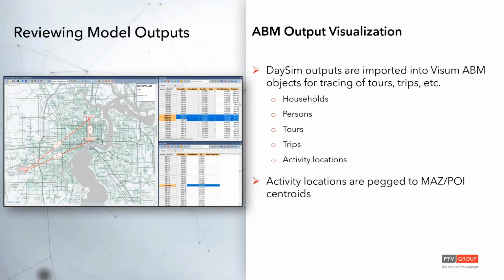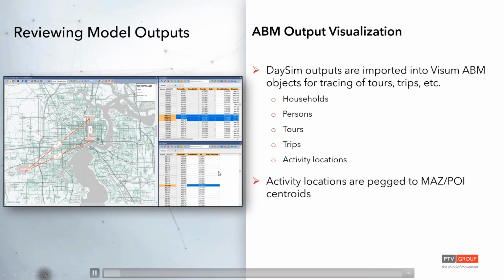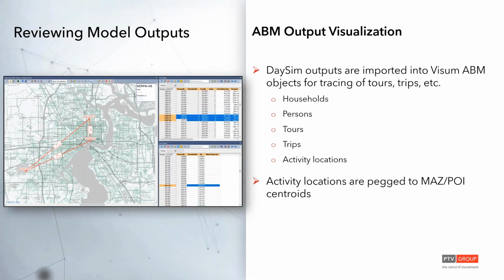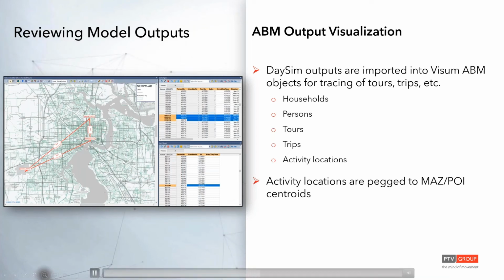This will work only if you have the ABM add-on on your license, and the agency definitely has the ABM add-on. So just for the benefit of agency staff, all the ABM outputs can be imported into the Visum version file, and then you can quickly look through how those trips look like.